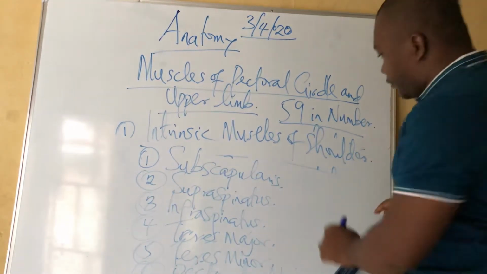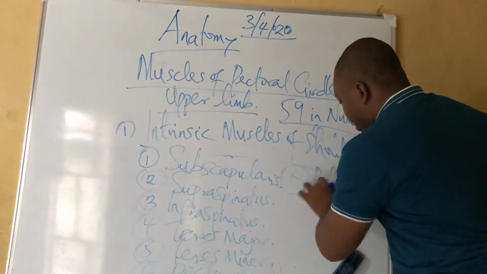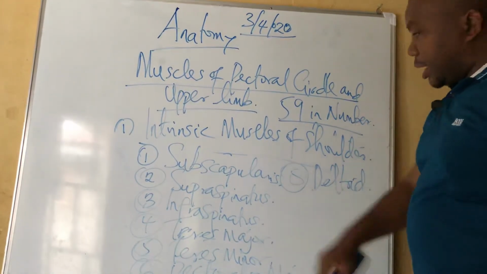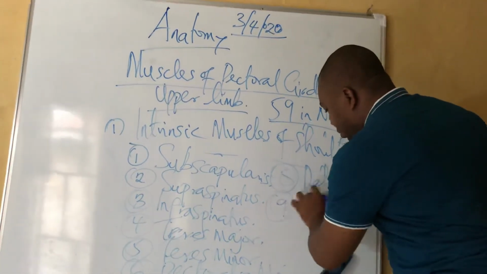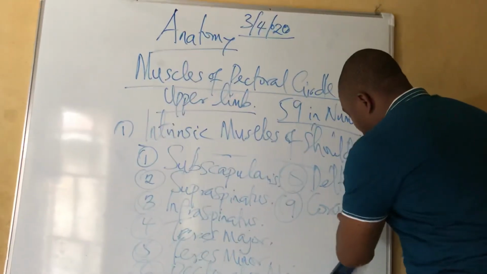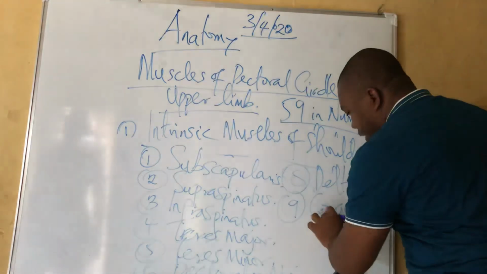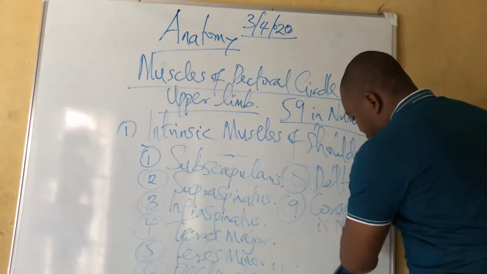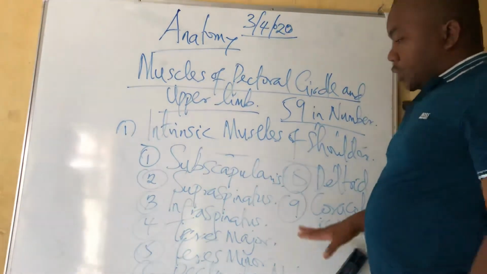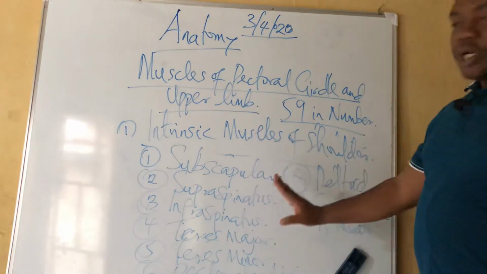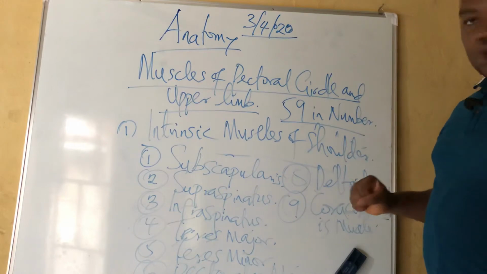Okay, you also have one I'm missing out. You also have the deltoid muscle, and finally you have number 9, the coracobrachialis. Then these are the complete muscles which we refer to as the intrinsic muscles of the shoulder.